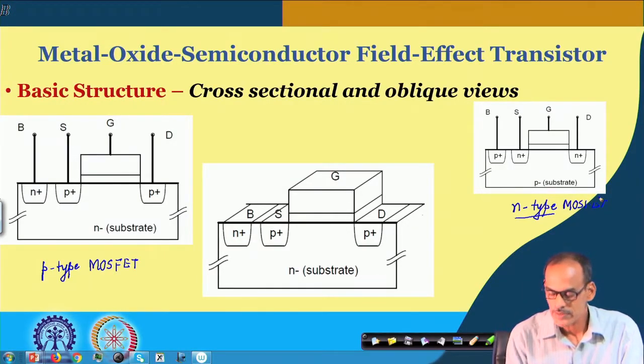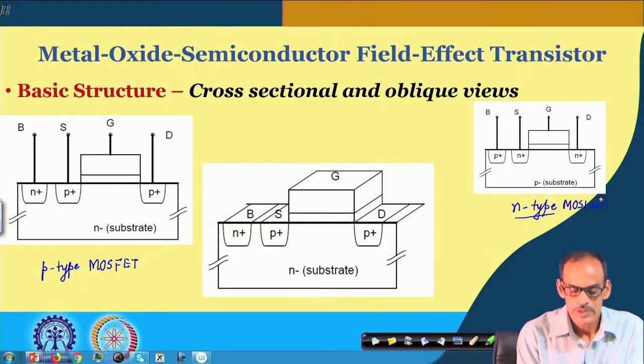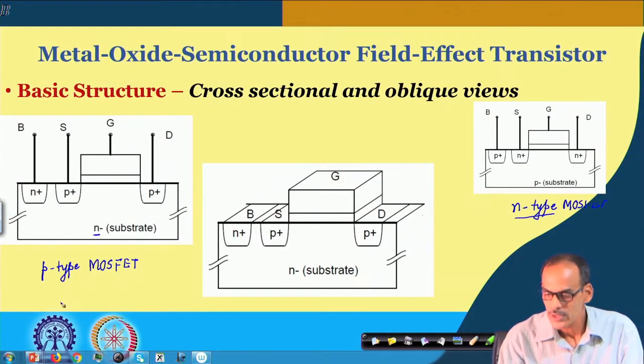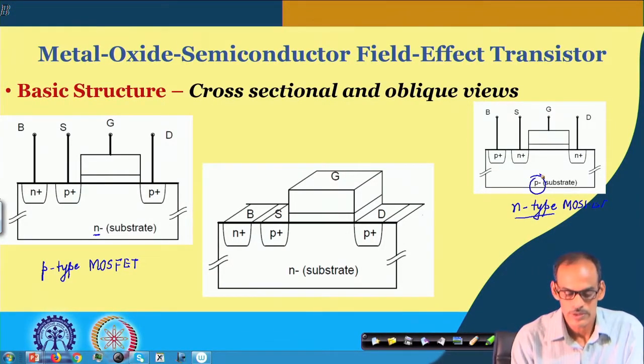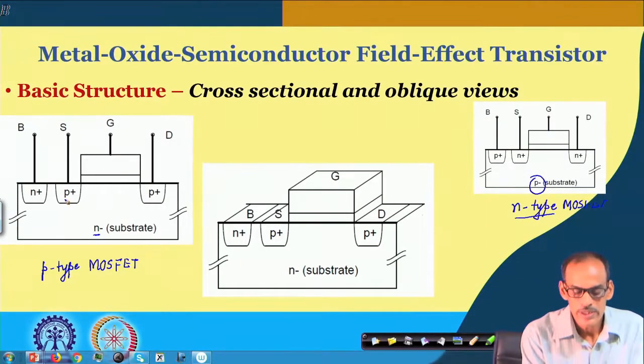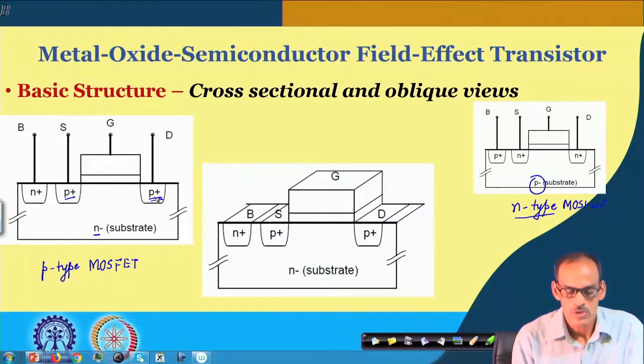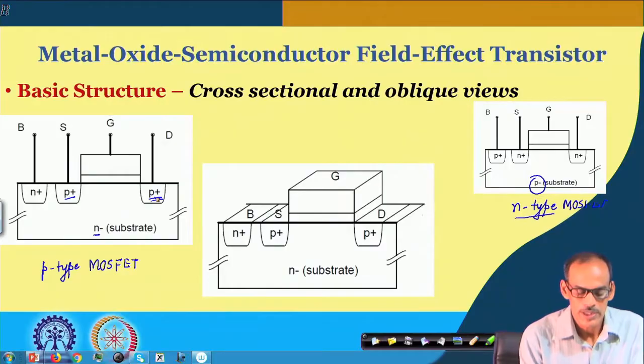And the basic difference here, if you see, is that the substrate, or I should say the body instead of calling it substrate, is N type, weakly doped N type, in comparison with the P type body for the NMOSFET. And the 2 islands here, which work as source and drain, are P type islands, rather highly doped P type islands.